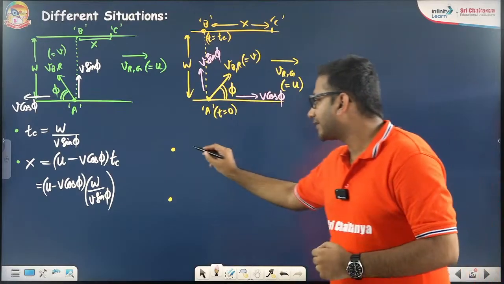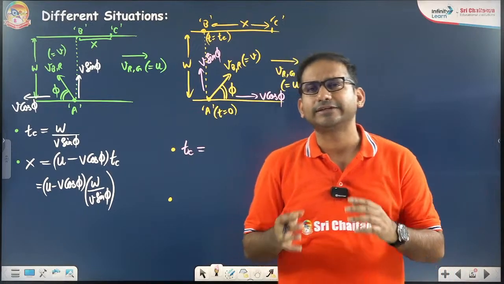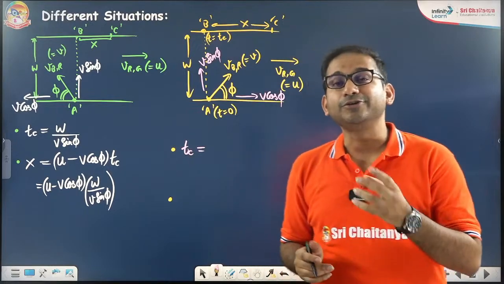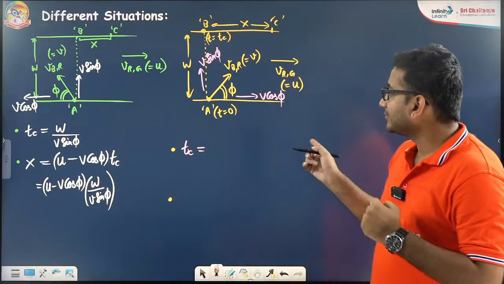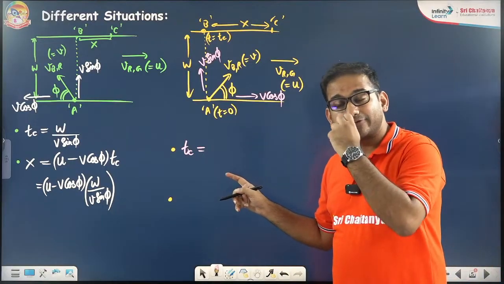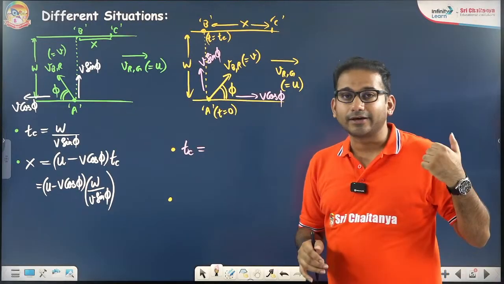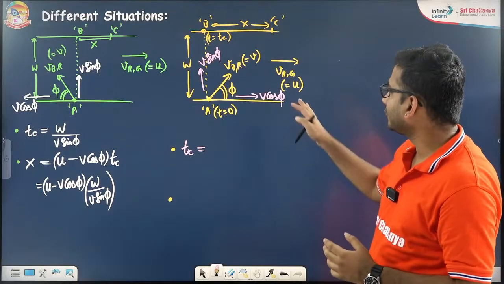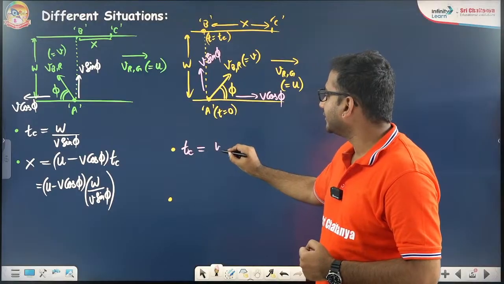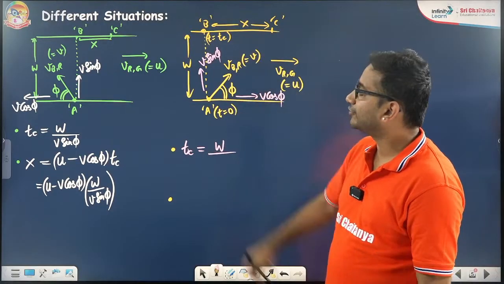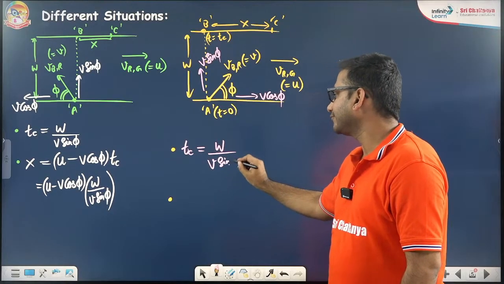Now the first thing they are asking you is the time of crossing. Just like in projectile motion, you always calculate the time of flight first, then multiply it with the horizontal velocity to get the range. Similarly, here you always calculate the time of crossing first. When you have the time of crossing, multiply it with the effective velocity in the direction of the flow, and you will get the drift. So time of crossing will be the distance W, which it has to travel to cross the river, divided by the velocity it has to cover, V sin phi.